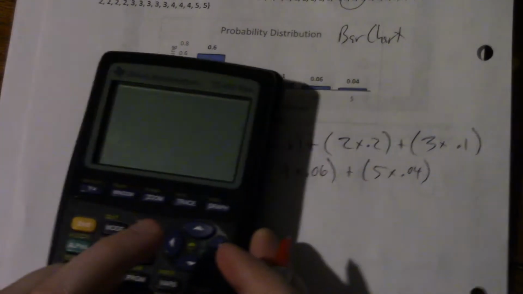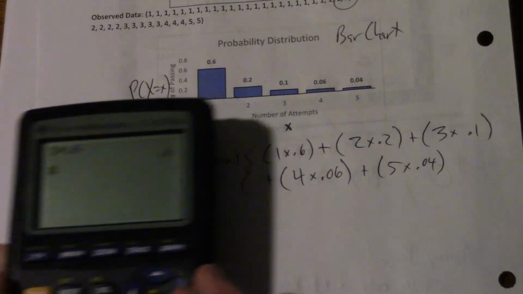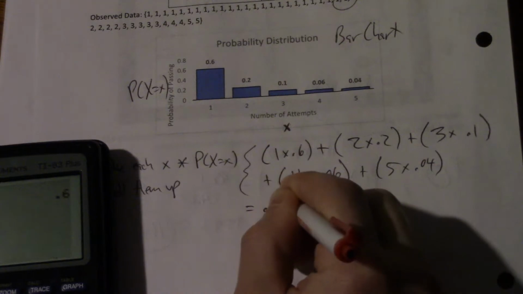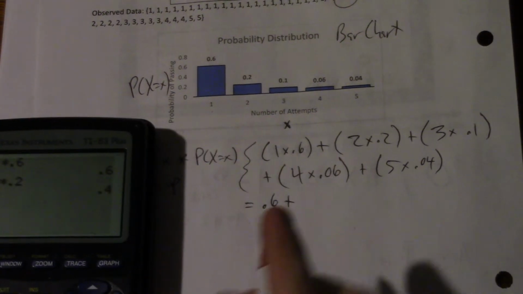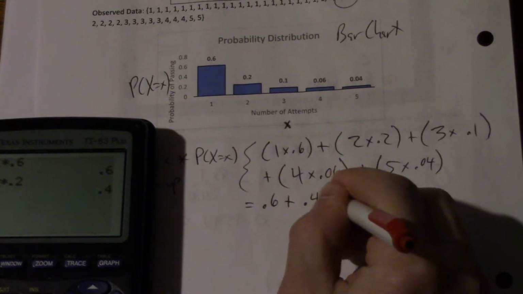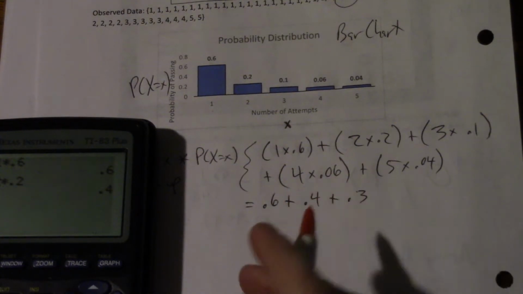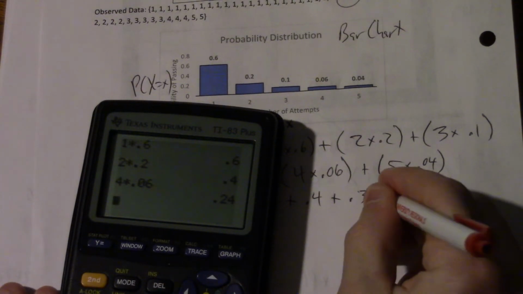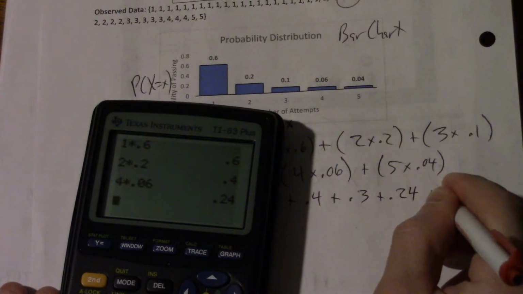As we work through those, 1 times 0.6, well, that's pretty straightforward. That's just 0.6, plus 2 times 0.2 is 0.4, plus 3 times 0.1 is 0.3, plus 4 times 0.06 is 0.24, plus 5 times 0.04 is 0.2.